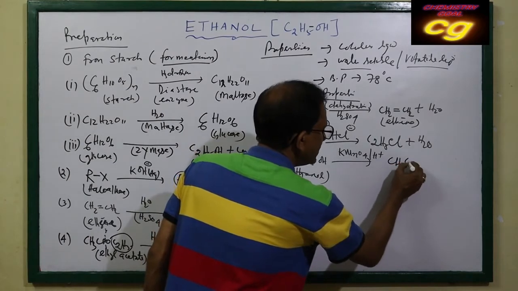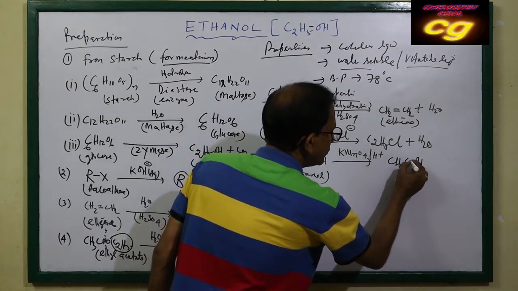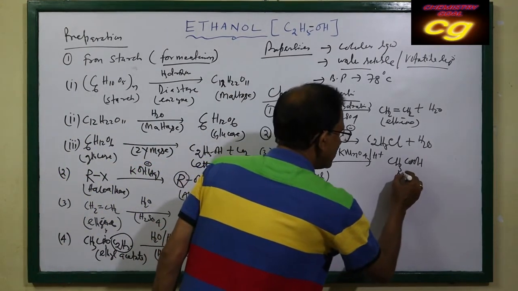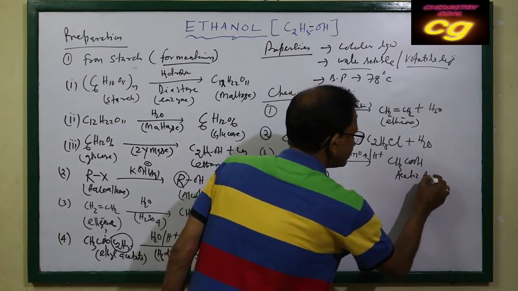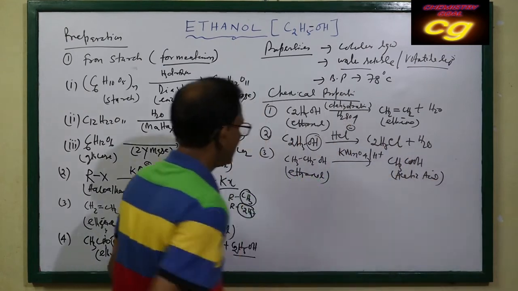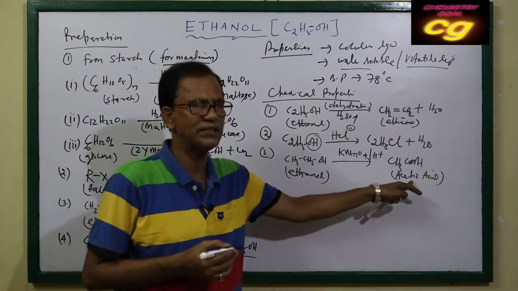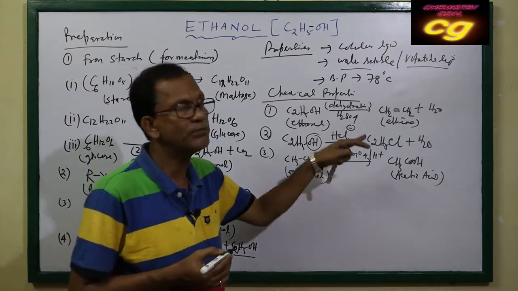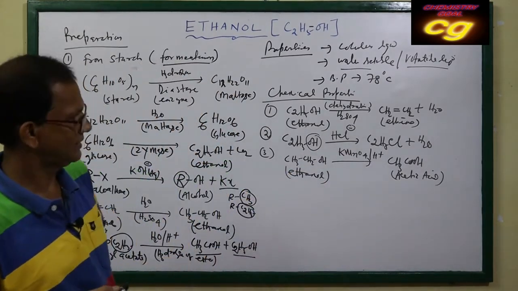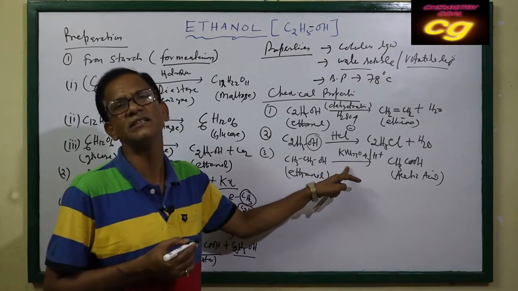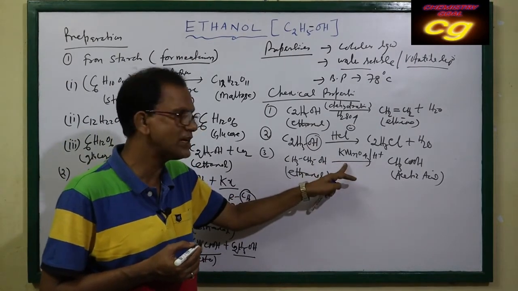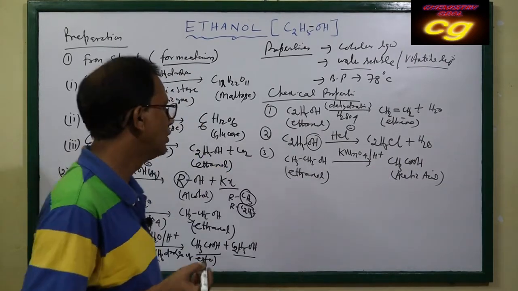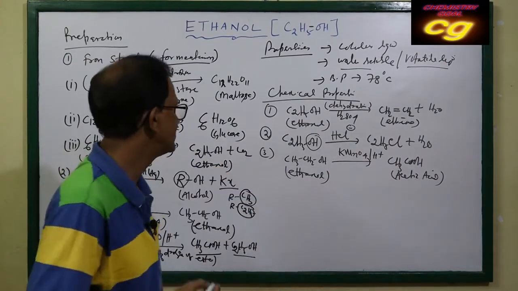You remember this very important reaction, this is acetic acid. Alcohol converts to acid using potassium permanganate, which acts as an oxidizing agent in the presence of acid medium, that is sulfuric acid.